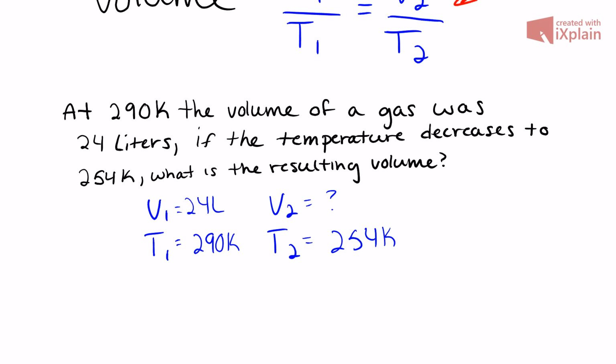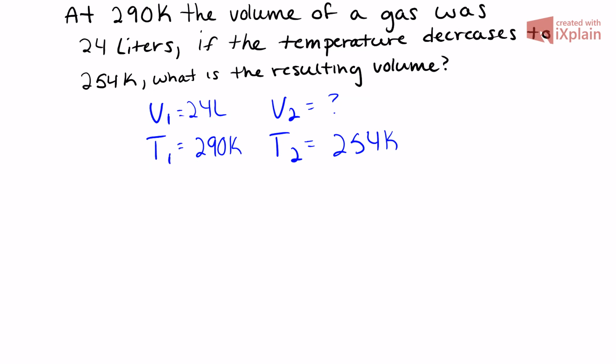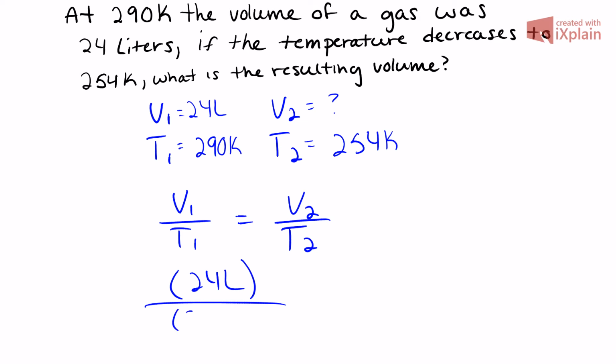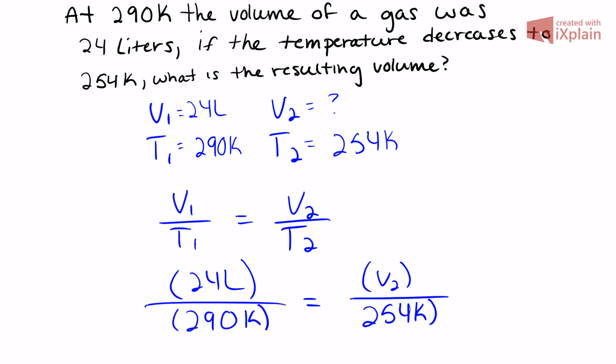Now, all we have to do is plug that into our original equation, and we get 24 liters divided by 290 Kelvin is equal to V2, which is what we're looking for, divided by 254 Kelvin.